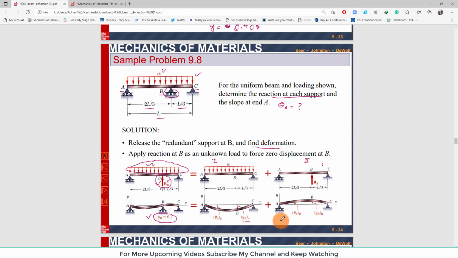Now this YB due to W plus this YB due to reaction force, their sum must be equal to 0 because at point B there is a rolling support. So when you have this value and this value and add them, you will get the unknown reaction force, which is RB over here.